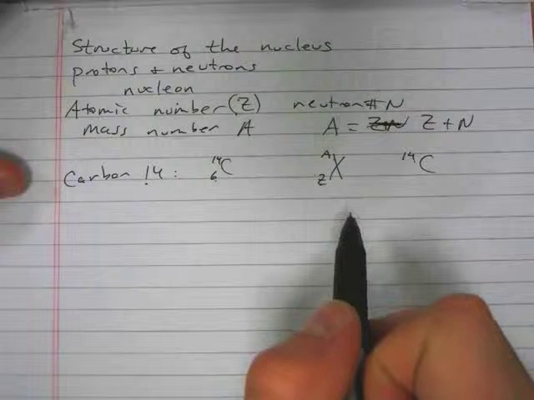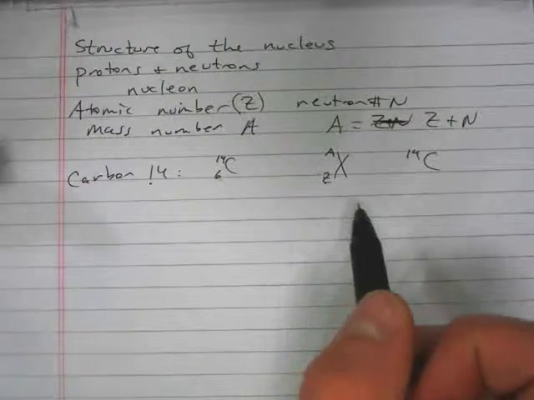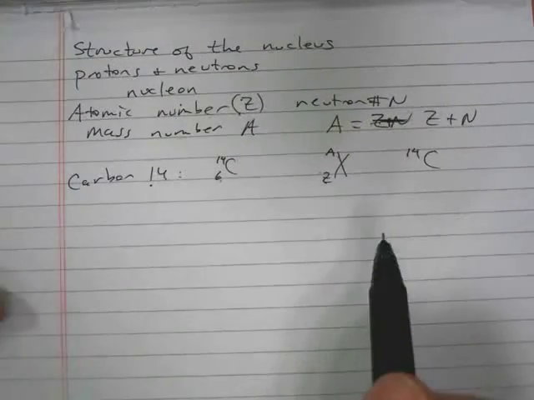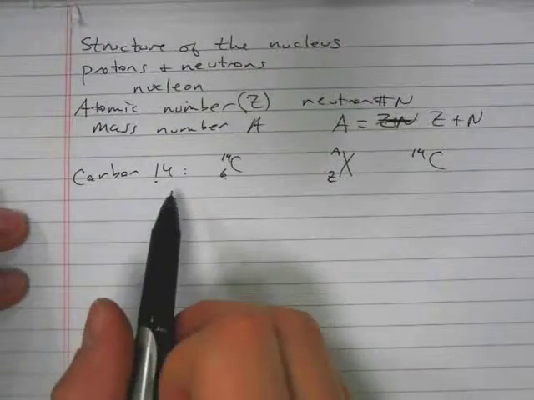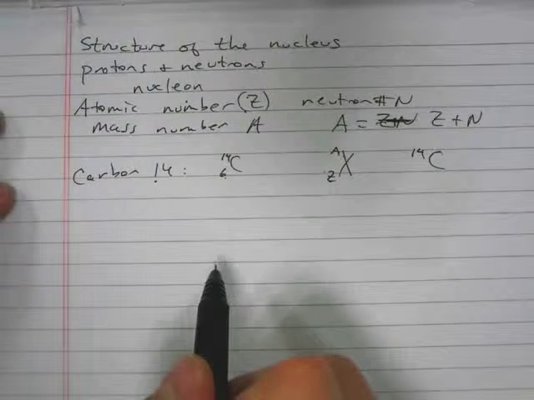And remember, different isotopes of an atom have different numbers of neutrons and therefore different mass numbers. So there's a carbon-14 and there's also carbon-12, and there are different isotopes of different atoms.